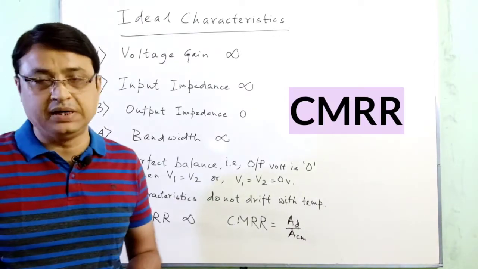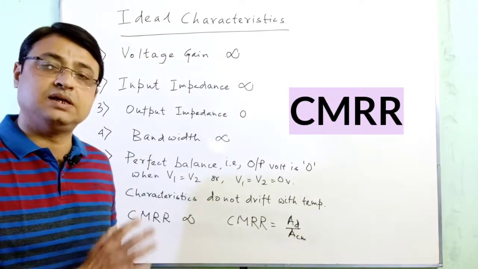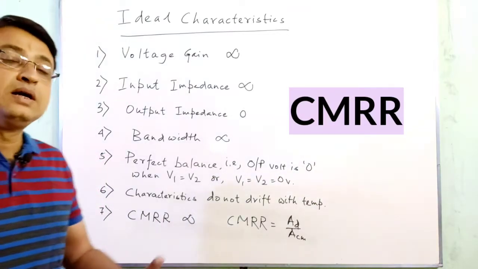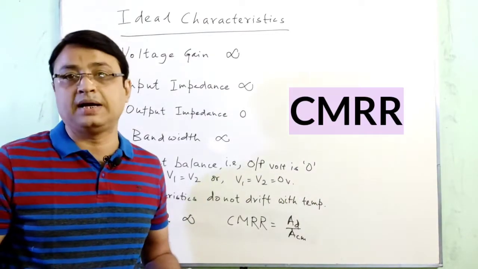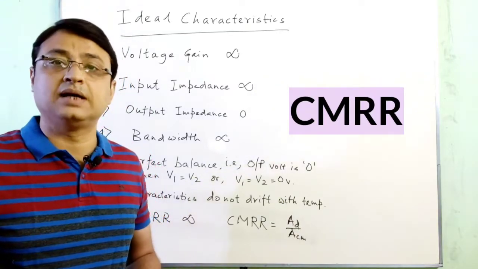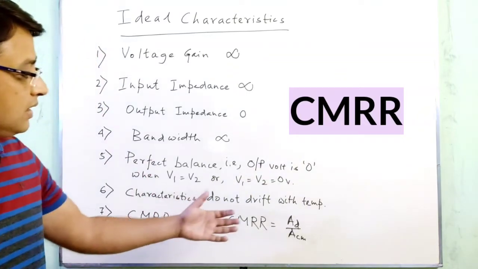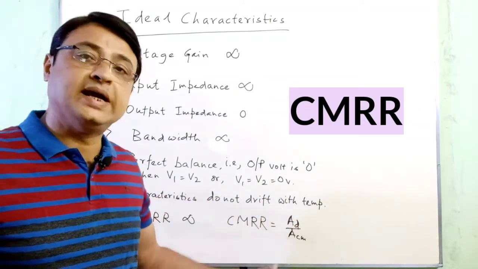Differential voltage gain means that when different voltages are applied at the input terminals. Whenever equal voltages are applied at the input terminals, then the gain is known as common mode gain, and CMRR is given as AD by ACM.